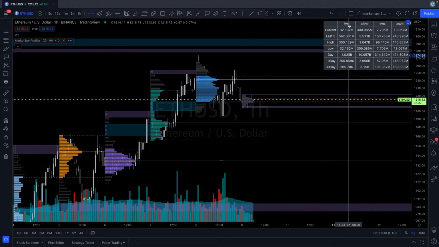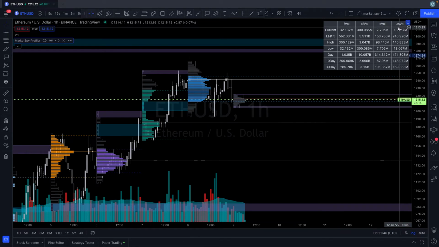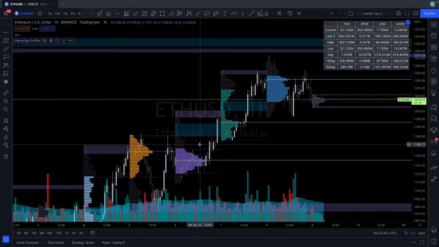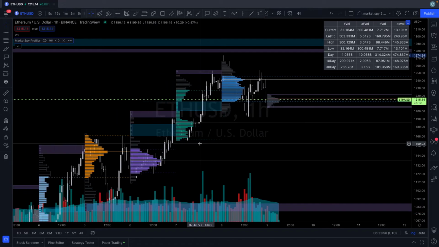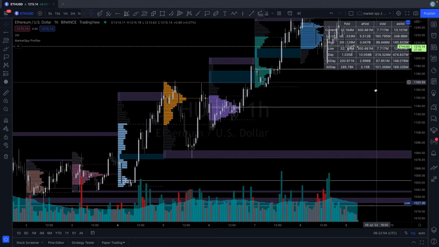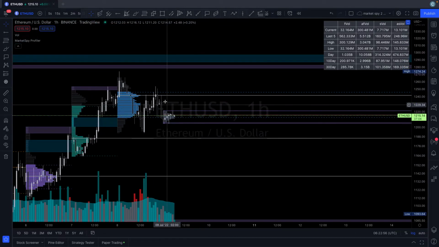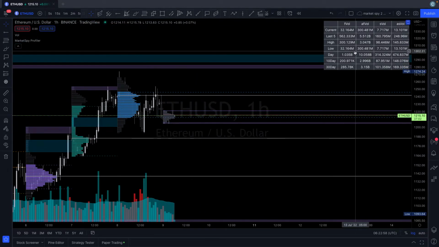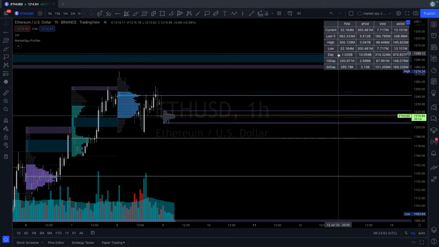You have your futures volume, your aggregated futures volume, your spot volume, and your aggregated spot. What's so nice about this is the chart is moving here, but this box is staying constant. So it doesn't matter where you want to be on the chart, this is not going to get in your way. It's in the top right, out of the way, but you have it at a glance.